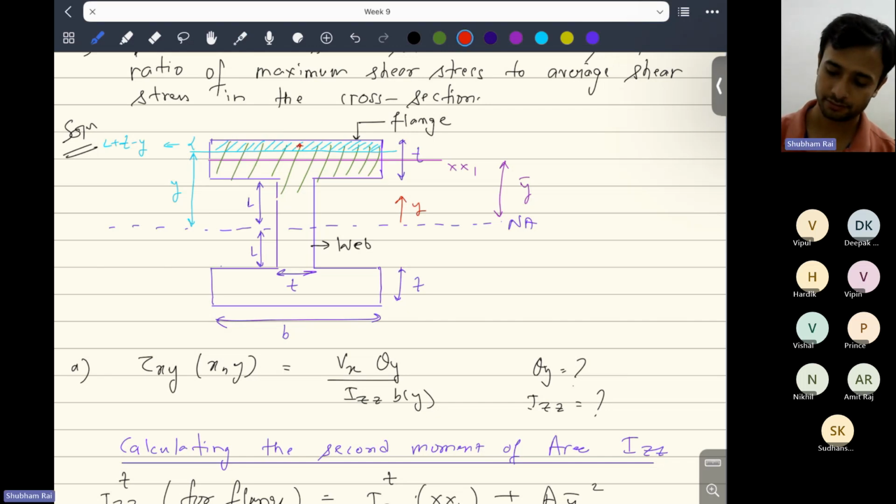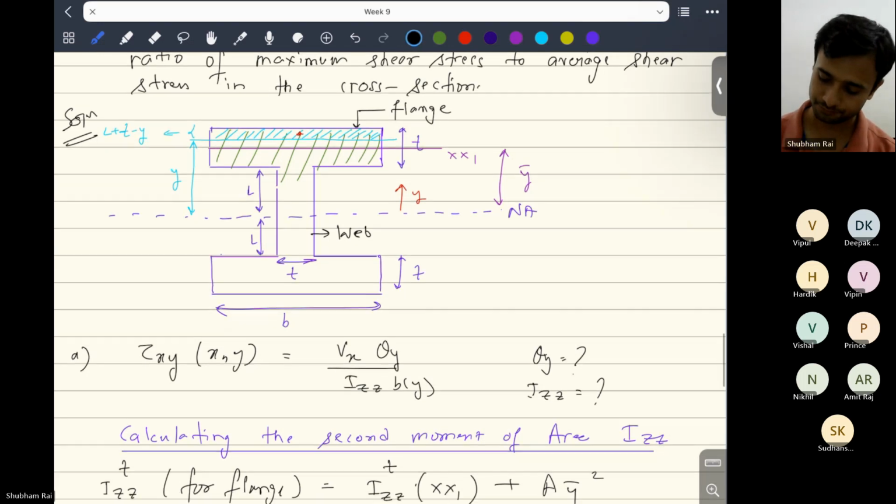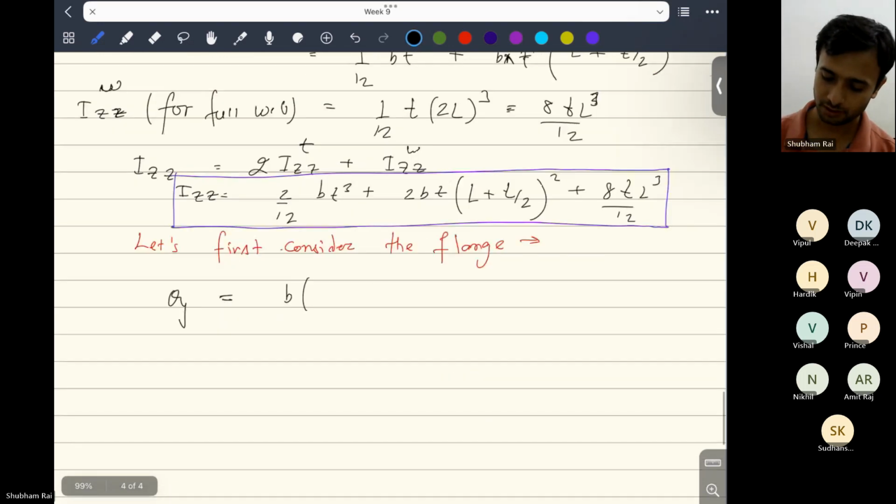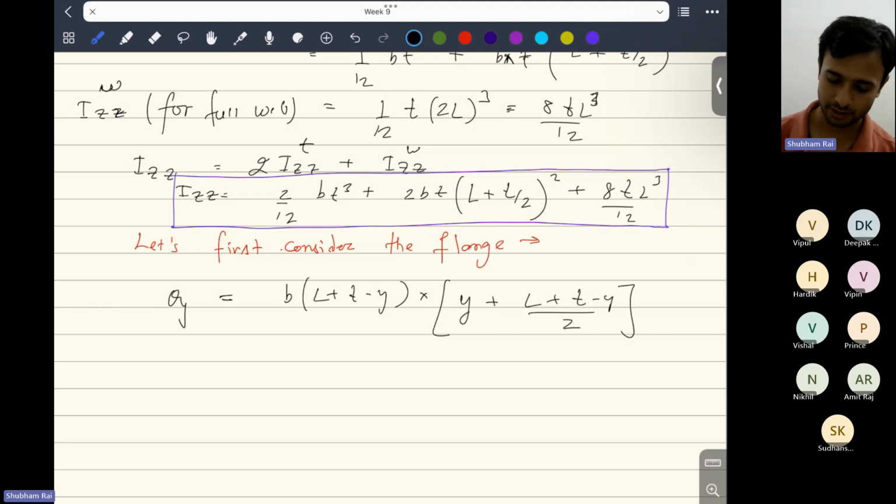So let me just write what I have discussed now. It will be B times thickness of that sky blue shaded region. So that is L plus T minus Y. And then multiplied by centroid. Centroid will be Y plus L plus T minus Y by 2. Thickness divided by 2, right?